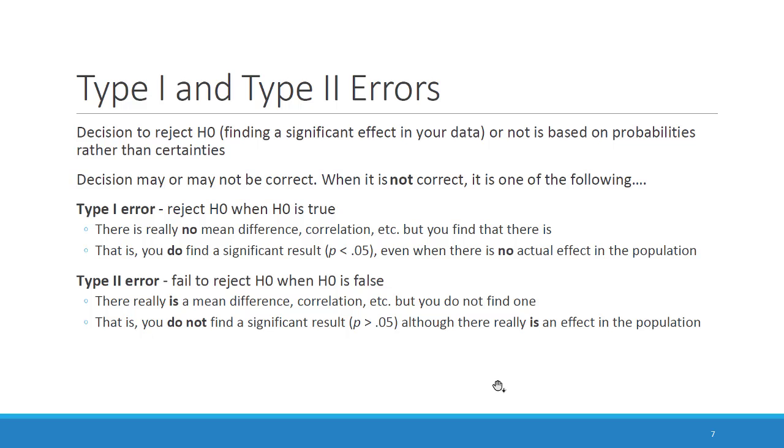Your p-value is greater than 0.05. However, there really is an effect in the population. So you can see how both of these things are errors. They're just slightly different, where a type 1 error is a false rejection of the null, and a type 2 error is a failure to reject the null, and we should be rejecting the null.